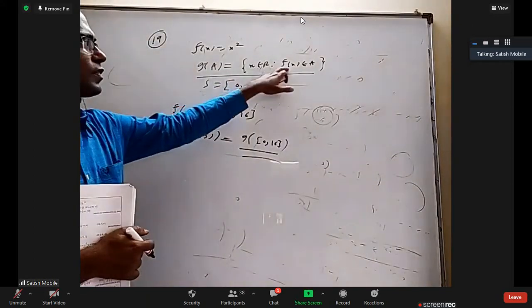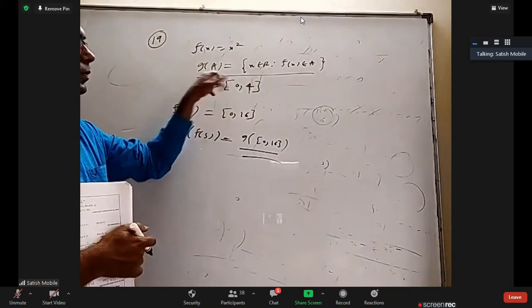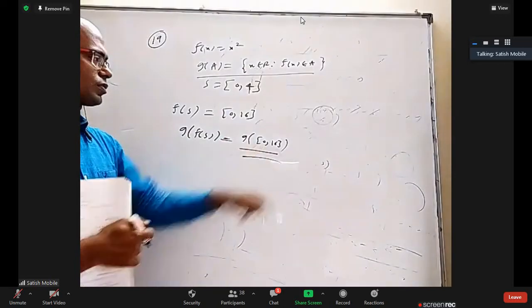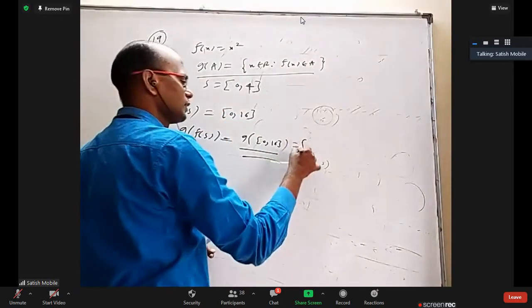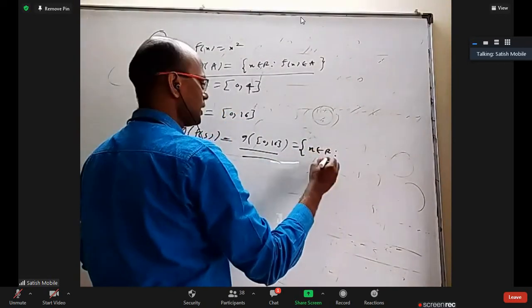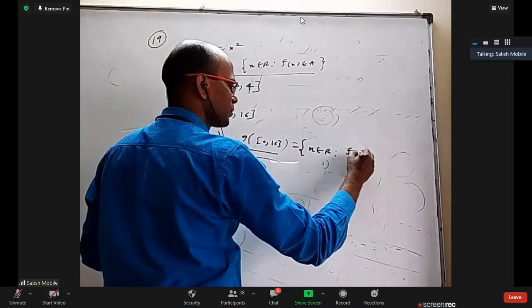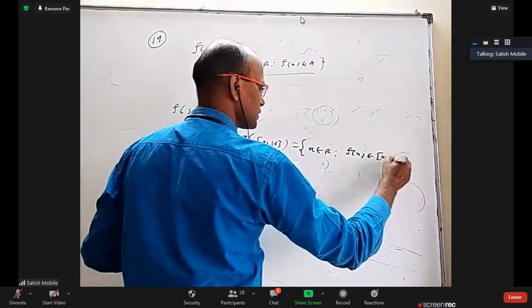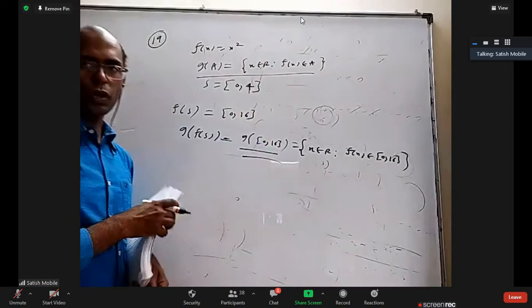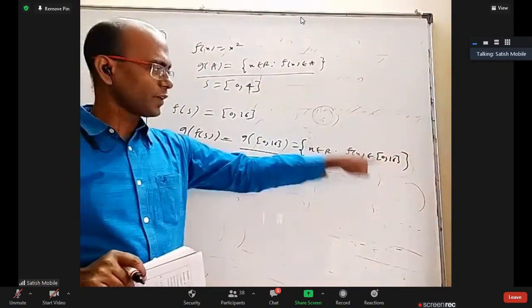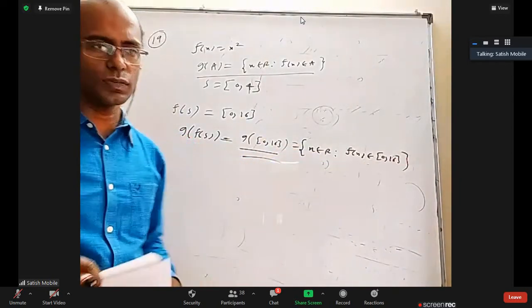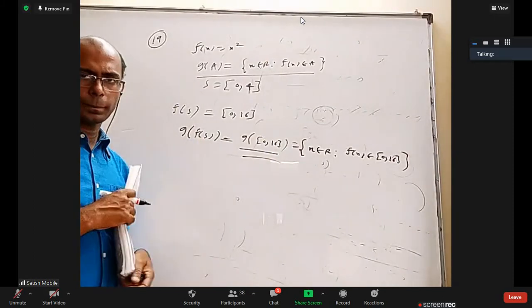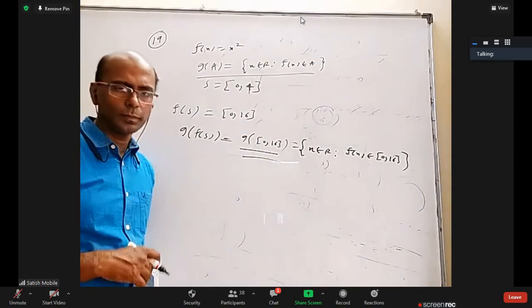If f of x belongs to set A, that is called g of A. So if you want g of 0 to 16, I have to write x belongs to R such that f of x belongs to 0 to 16. Can you tell me what are all the x values for which f of x answer will belong to 0 to 16? What is that? Anybody?